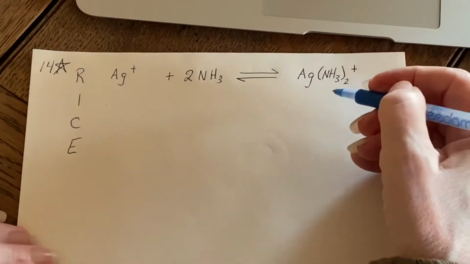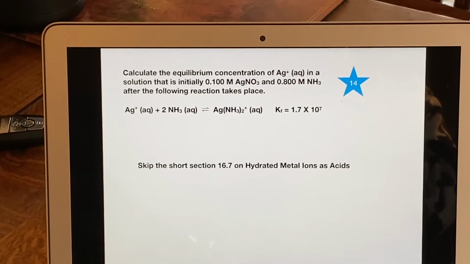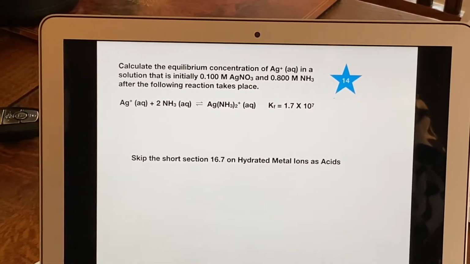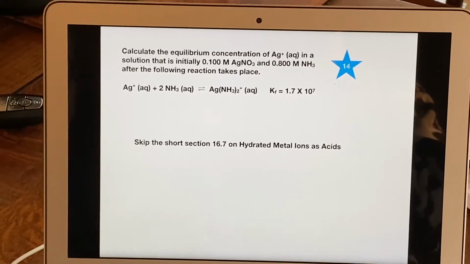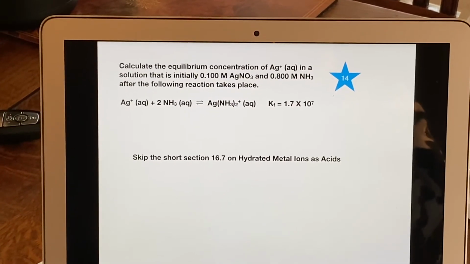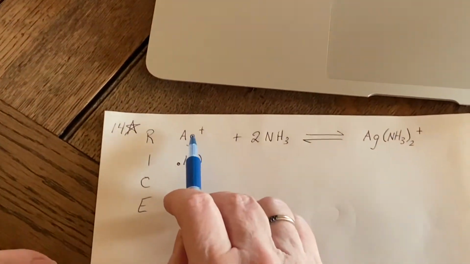It also gives you a value for KF, 1.7 times 10 to the 7th. Then it says initially it's 0.1 molar in silver nitrate. Well, the silver nitrate is soluble because nitrate makes it soluble. So that means it's really 0.100 molar in silver ions.